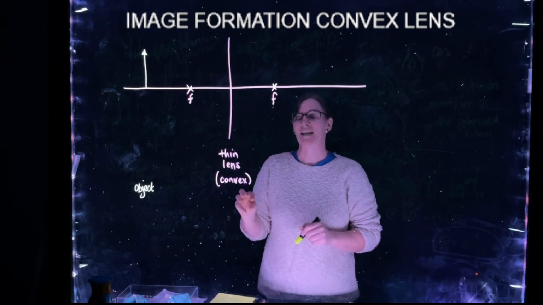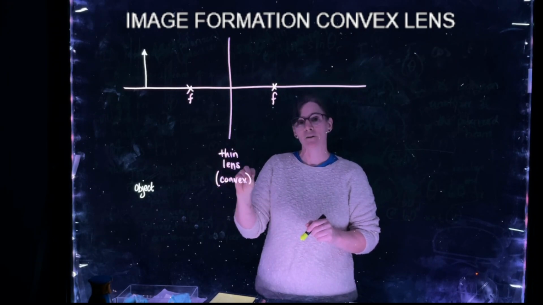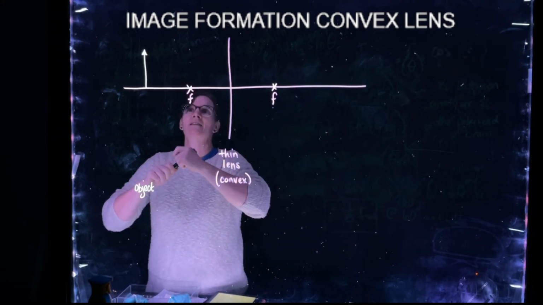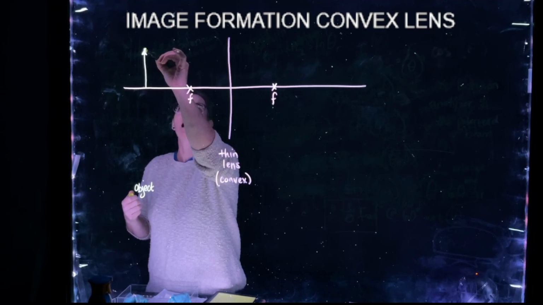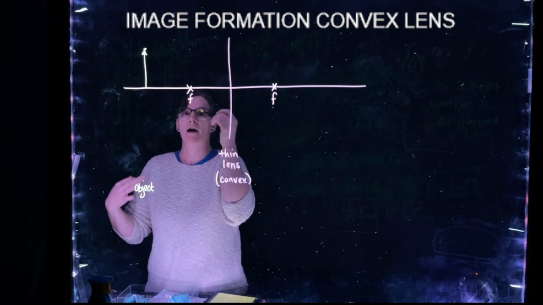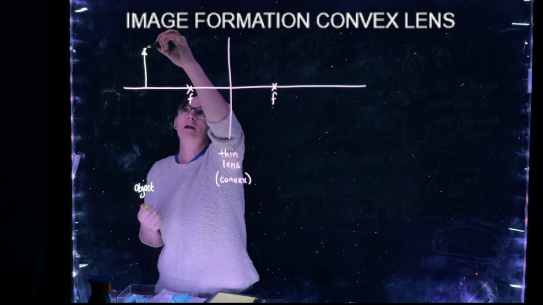The first ray is the ray that is parallel to the optical axis. I'm going to use the top of the arrow as the object location that we are going to be using for light rays in all directions.